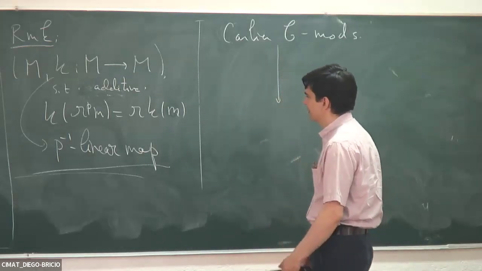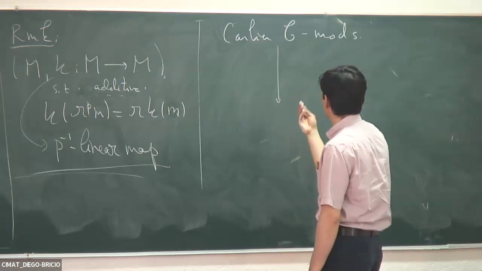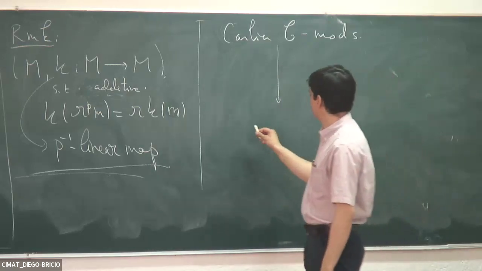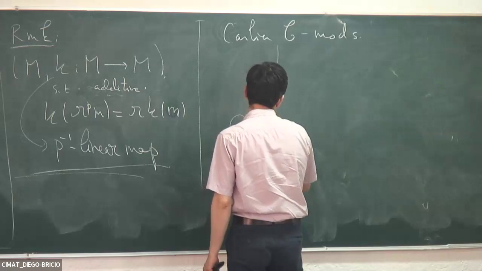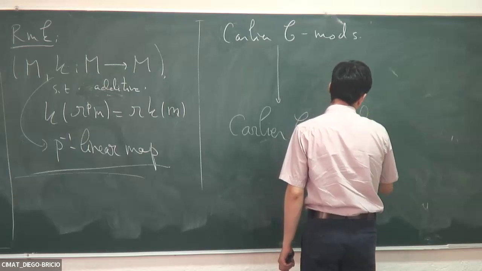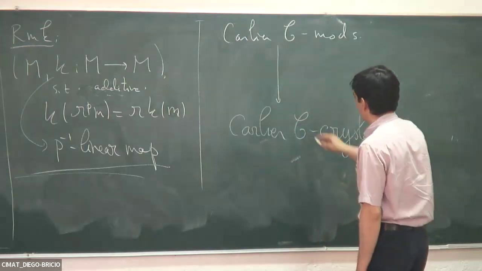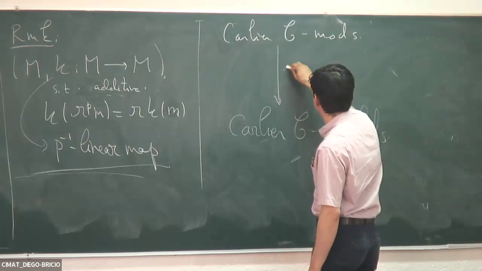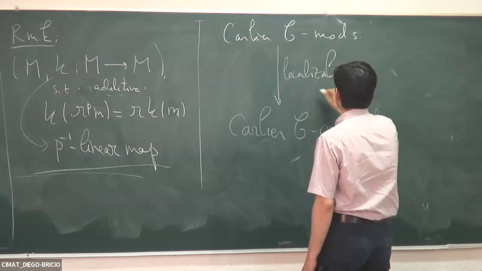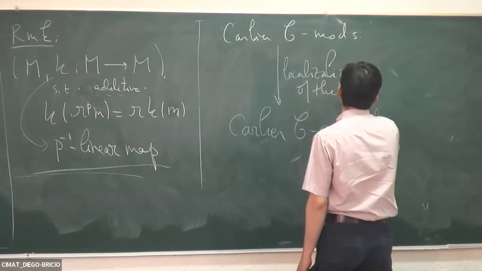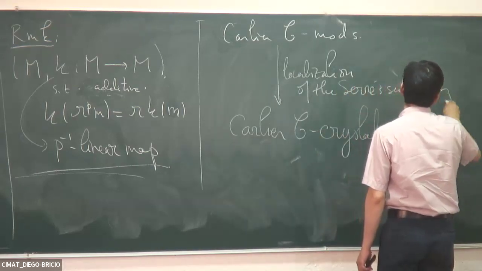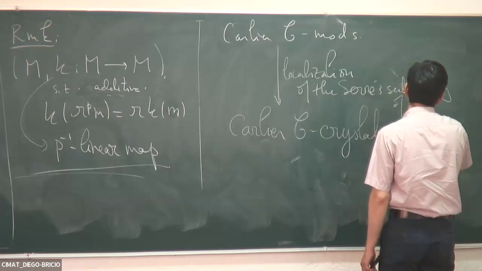are kind of dumb modules, so we can just localize them and say that they are 0, and then get the category of Cartier crystals. Cartier C crystals. And this is a localization process of the thick subcategory of nilpotent ones.